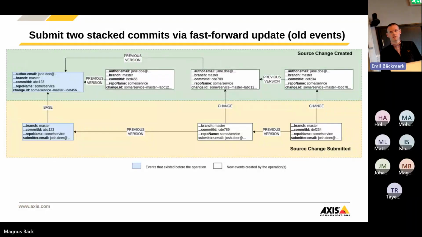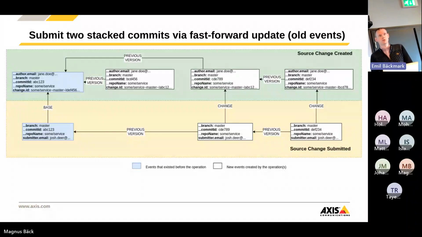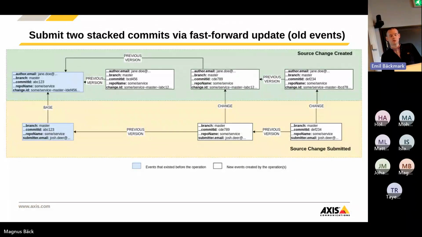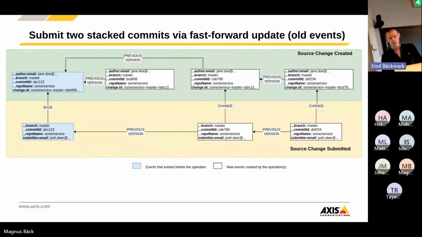This might not matter in some use cases. If you want to test every single commit that arrives to a branch, for example, it doesn't matter if they're submitted together or not. But if you want to react to the actual push operation itself, you have a problem because you can't separate these two from each other. You can only see that the commits were introduced, but not if it was in one single operation or not.